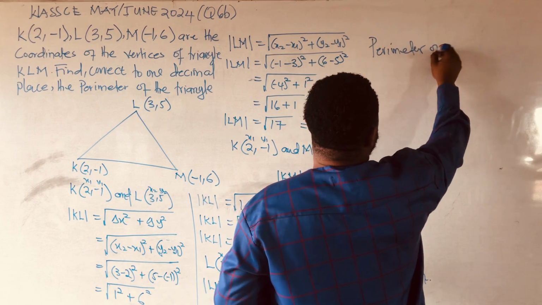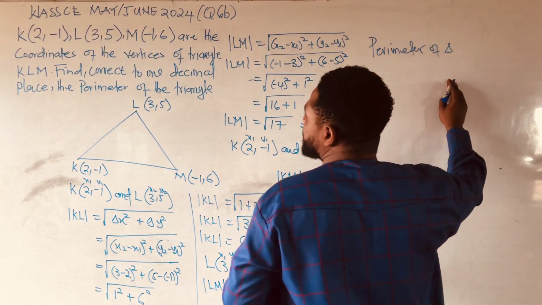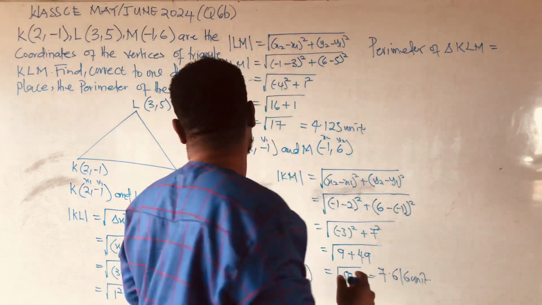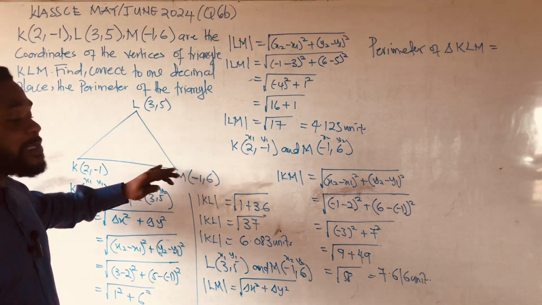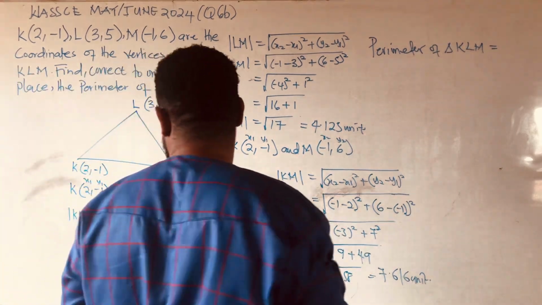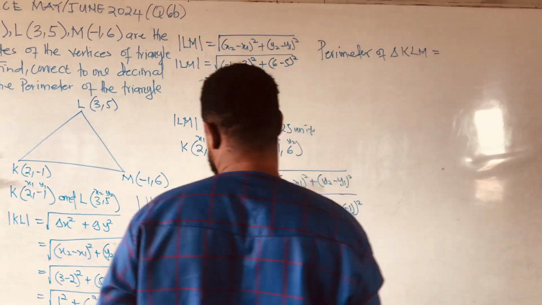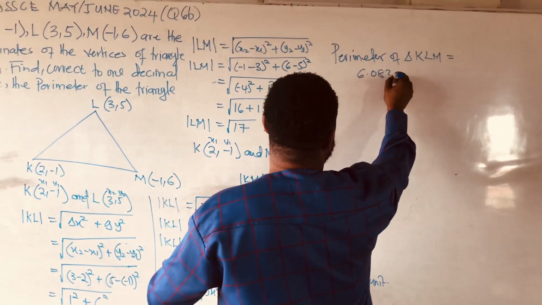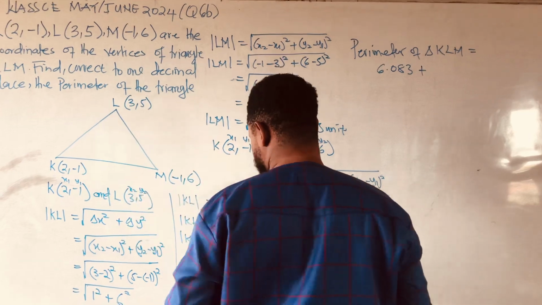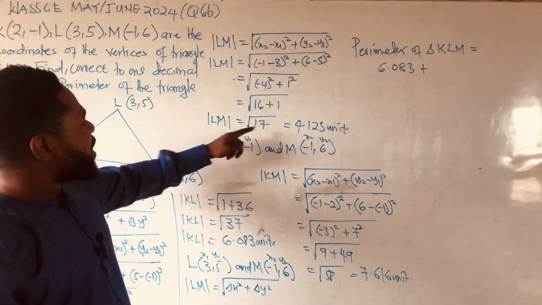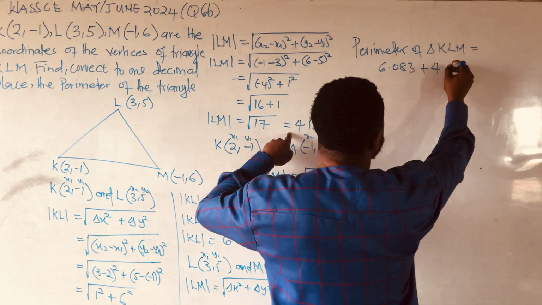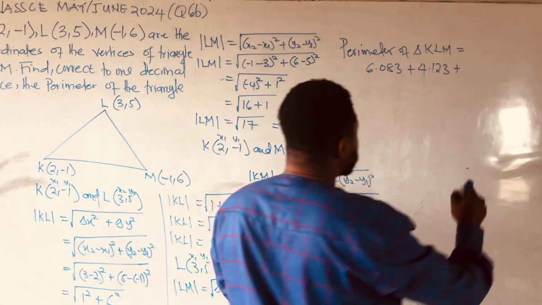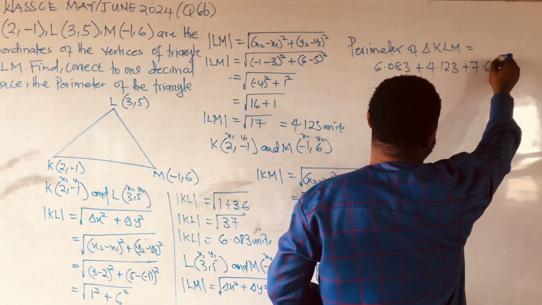Now that we know the magnitude of each line, we can say that the perimeter of triangle KLM will be equal to, the perimeter meaning we sum all the distances around the triangle. So our KL, which we solved as 6.083, plus our LM, which is 4.123, plus our KM, which is 7.616.